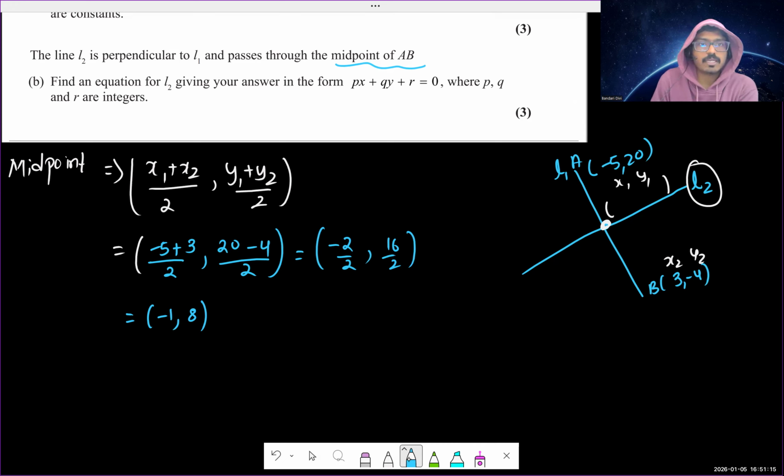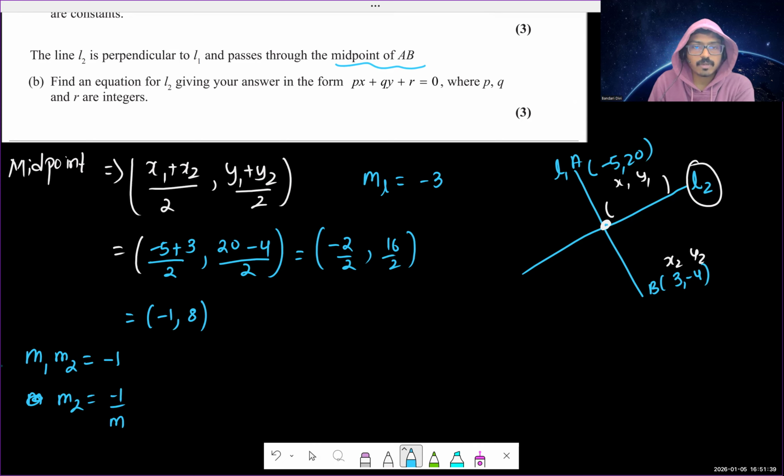So we got the midpoint, and we already got the slope of the line L1, which is -3 from part A. Now we know that M1 multiplied with M2 is equivalent to -1, which is the negative reciprocal. So M2 is equal to -1 upon M1. Our M1 value is -3, so -1 upon -3 is 1 over 3, which will be the slope of this perpendicular line.